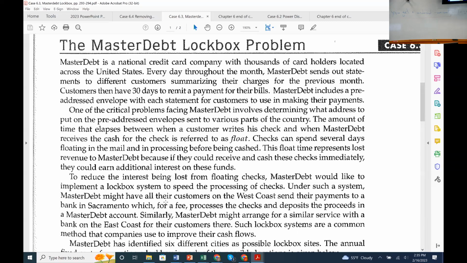So yes, to fill in some words, it is an automated and efficient way of depositing the check. And that includes probably an automated way of opening up the envelope, pulling out that check, scanning it, and crediting MasterDebt. So yeah, it's an automated, efficient way of opening up envelopes and depositing checks.